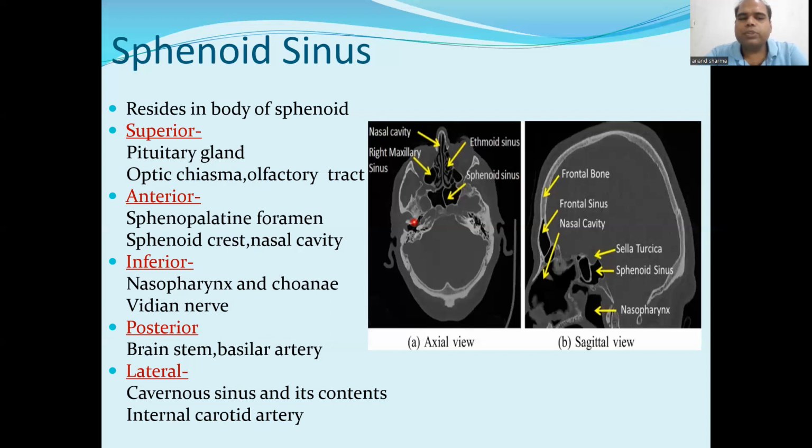Similarly, posteriorly, there will be the basilar artery and brainstem. Laterally, there is the cavernous sinus, containing the nerves and the internal carotid artery, which are present lateral to the sphenoid sinus.